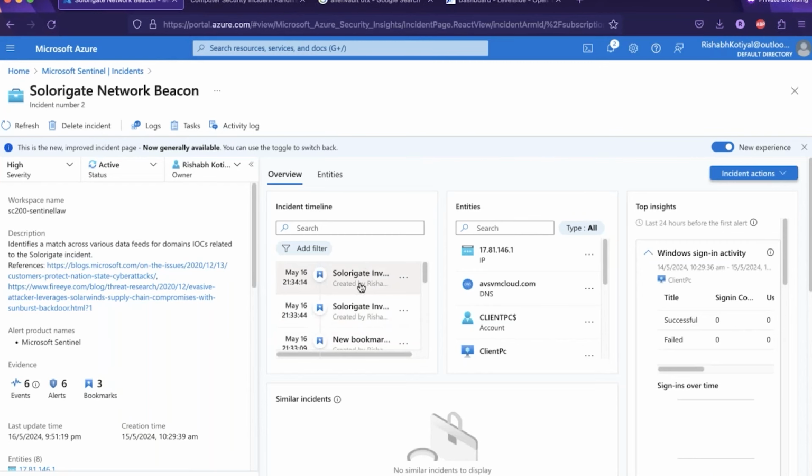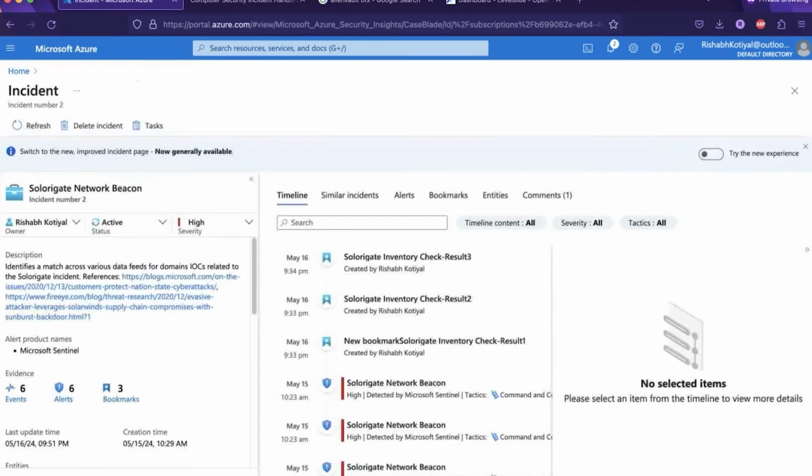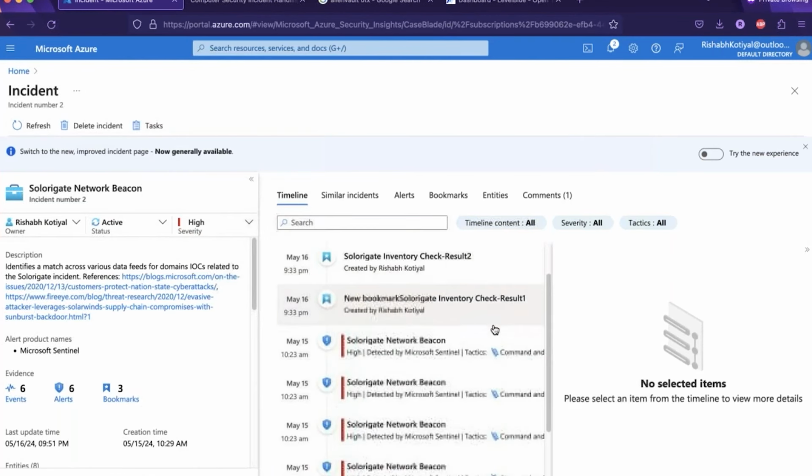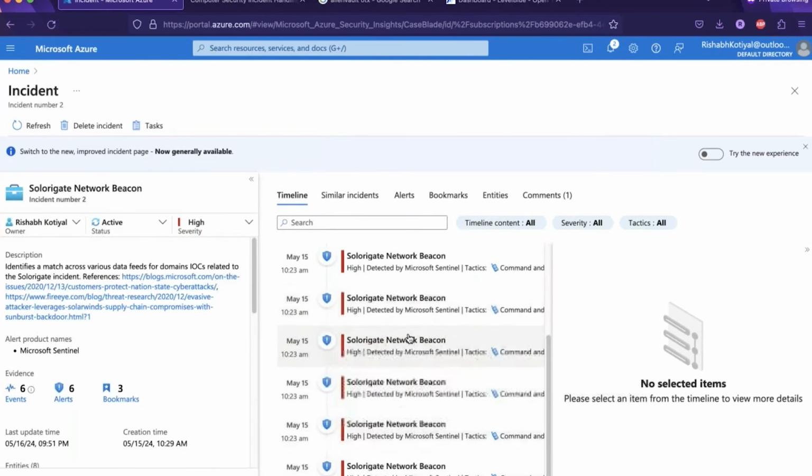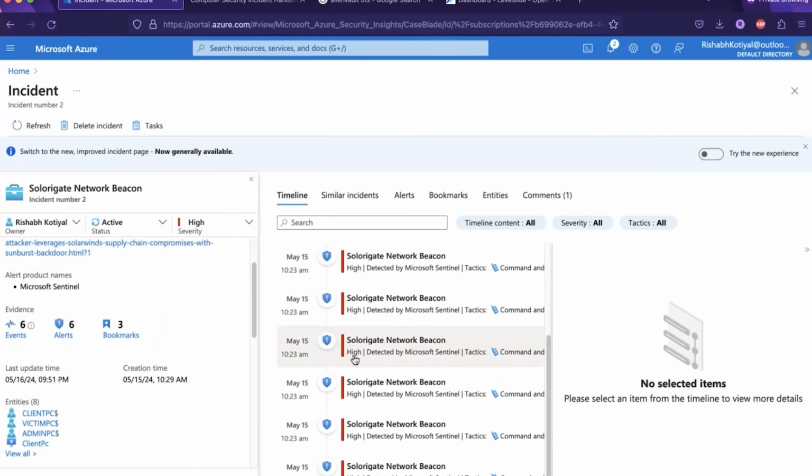This side over here is actually a new experience, the new portal going on for around a year. If I slow it down, you will see this incident of Solarigate network beacon found in my network. I was investigating this event and I found an indicator, an IOC.